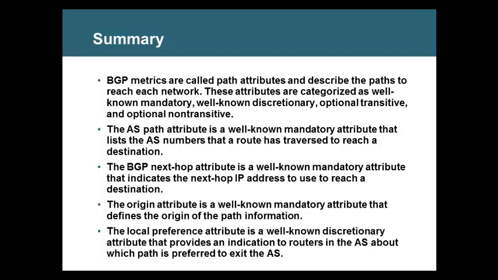It's a well-known discretionary attribute because it may be present, may not be present. That's why it is discretionary. It provides an indication to routers in the AS about which path to prefer to exit.